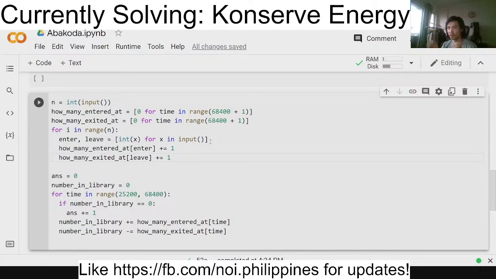Okay, and if you look at it, the solution is actually fast. Why? Right, this is only O of n.